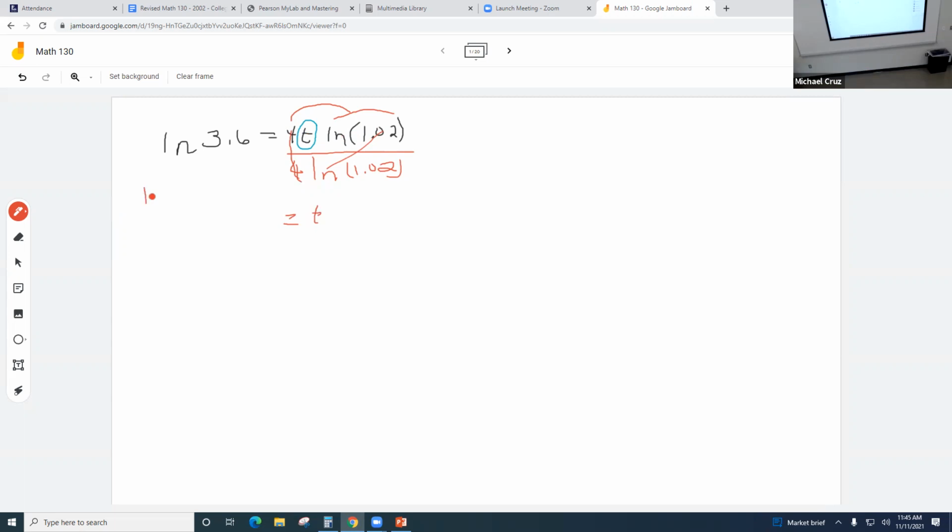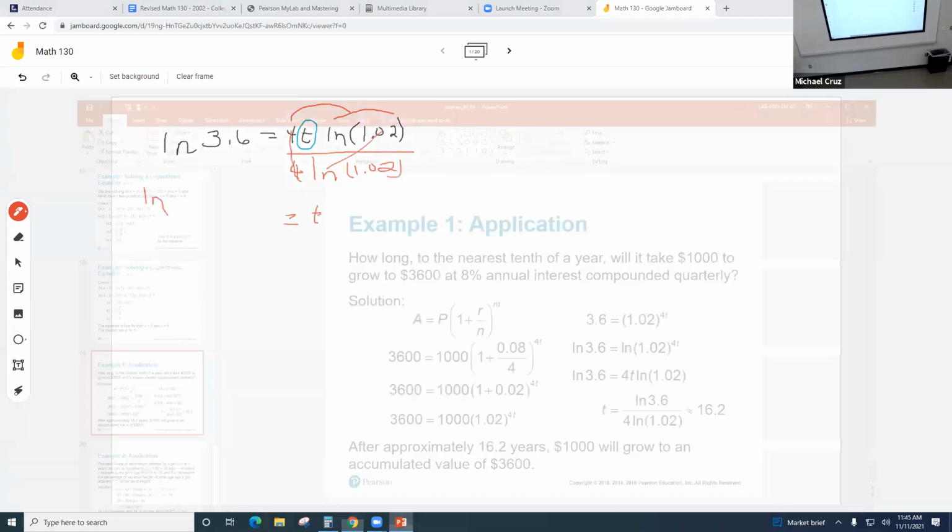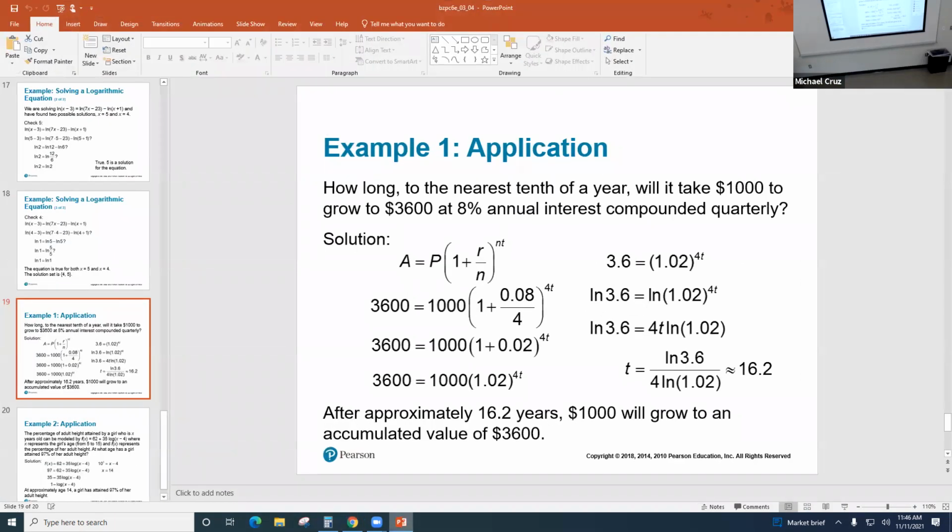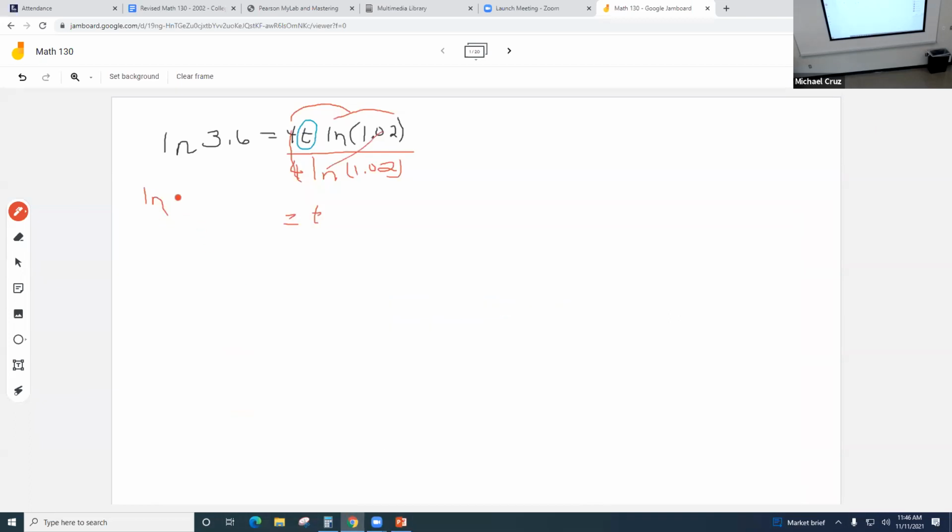And on this side, it's ln of 3.6 over the stuff we just divided by.